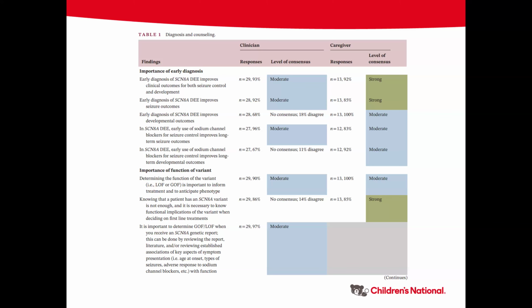There was moderate consensus that determining the function of the variant was important to inform how we treat. I alluded to some of that before, and there was some recognition that it's important to determine the gain of function effect if you can. If there are questions or comments, we can go over these too.